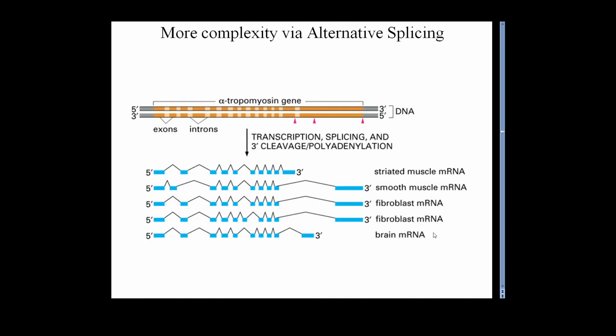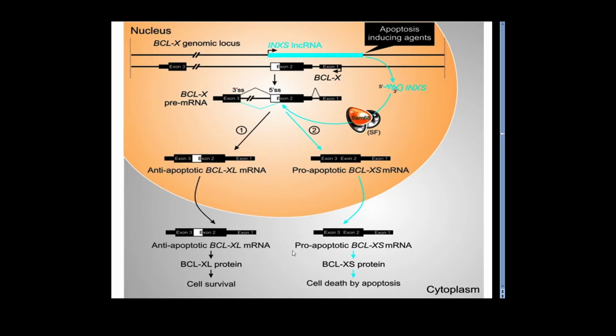In messenger RNA different combinations of exons can be realized, and it will lead to different properties of polypeptide chains, the corresponding products.